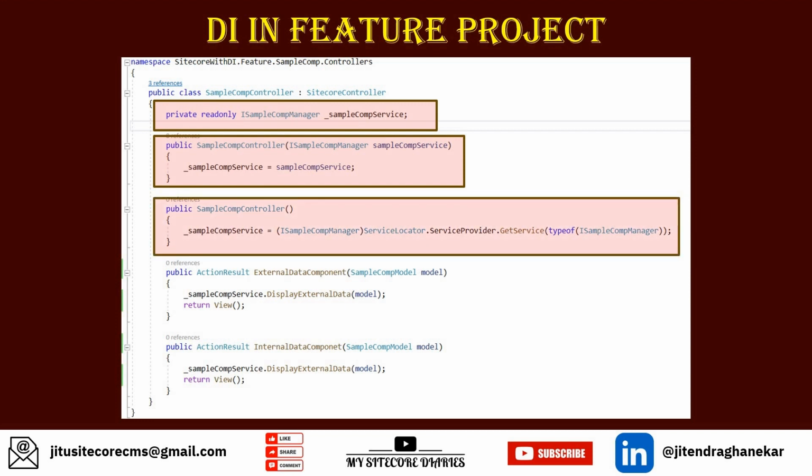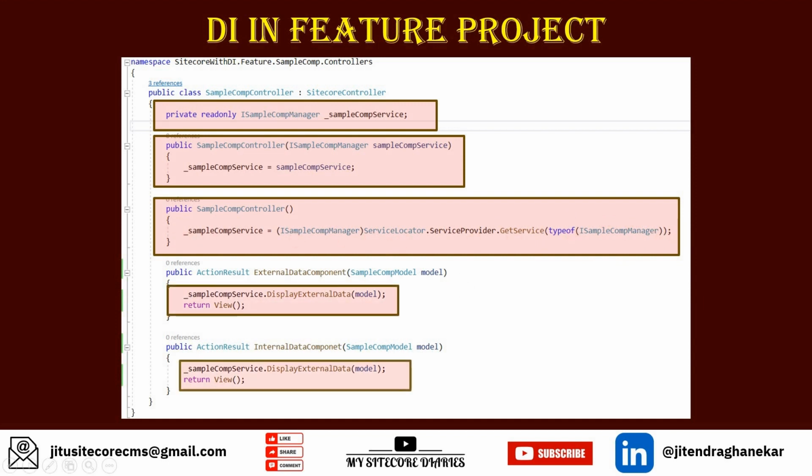Another method is, if you don't have the parameterized constructor and you are not passing anything to the constructor, then there is something called the service locator that you can use. If you see ServiceLocator.ServiceProvider.GetService, you have to define here what type of object you want. This is how it will return your object. It will create an object, and then you can directly use that object in your methods. So this is how you will implement dependency injection in the Sitecore controller class.